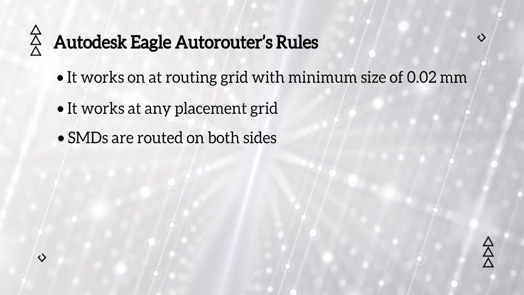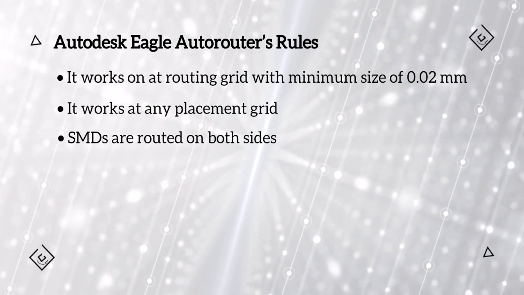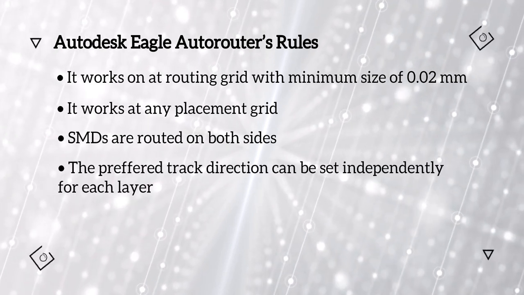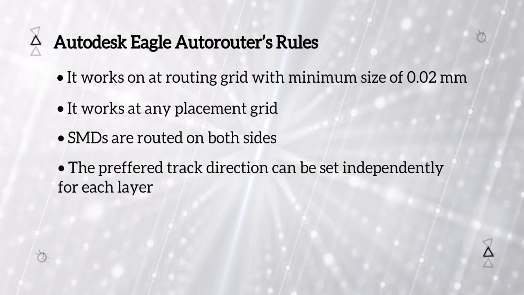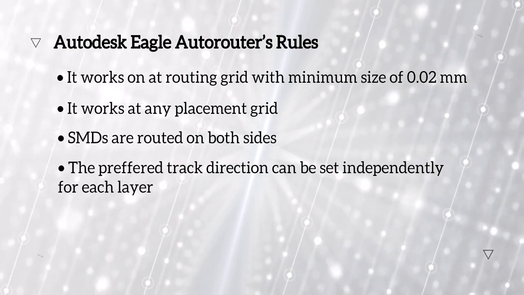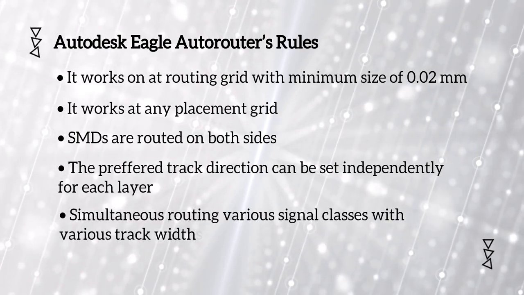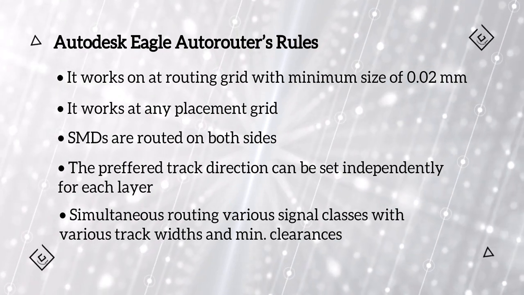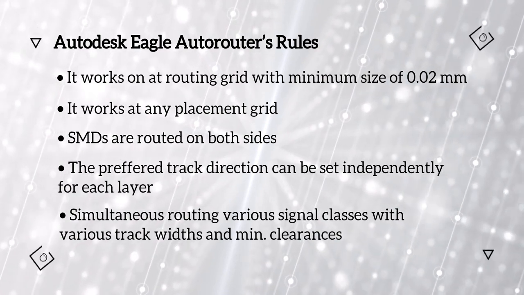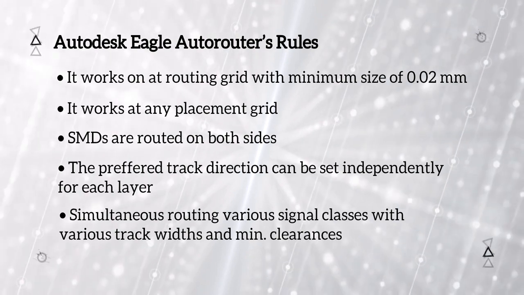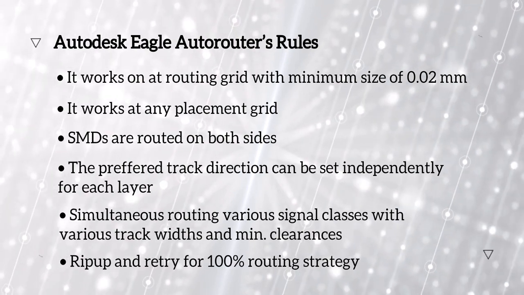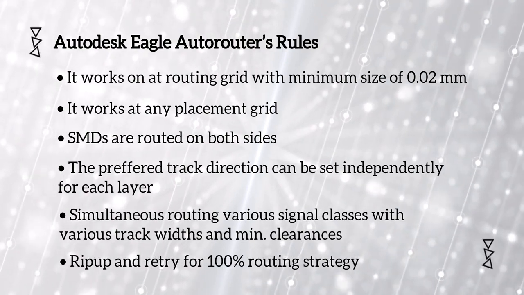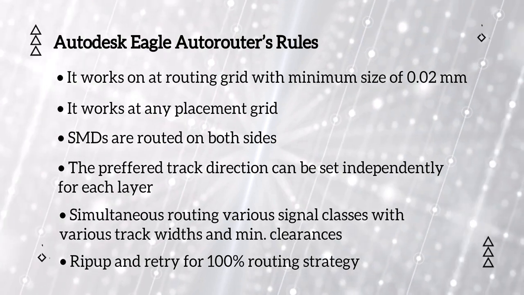SMDs are routed on both sides. The preferred track direction can be set independently for each layer. Simultaneous routing of various signal classes with various track widths and minimum clearance, and rip-up and retry for 100% routing strategy.